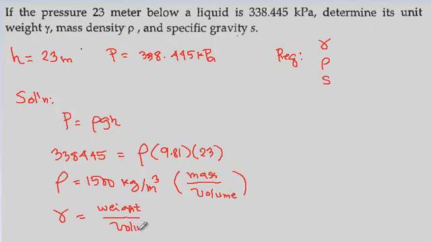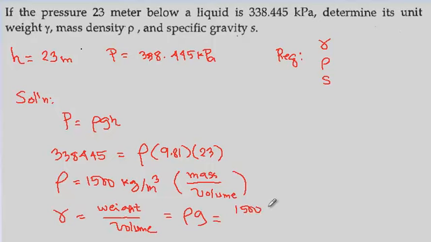If we know rho, how do we get gamma? Rho is mass per unit volume, and we're looking for weight per unit volume. To get weight from mass, we multiply by g, since mass times g is weight. So gamma is simply rho times g.